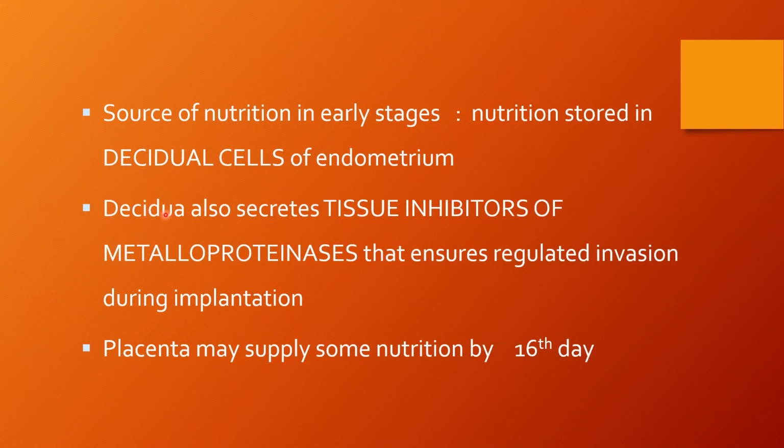The decidua also secretes tissue inhibitors of metalloproteinases that ensure regulated invasion during implantation. Later on, the placenta may proceed to supply some nutrition by around the 16th day after implantation.